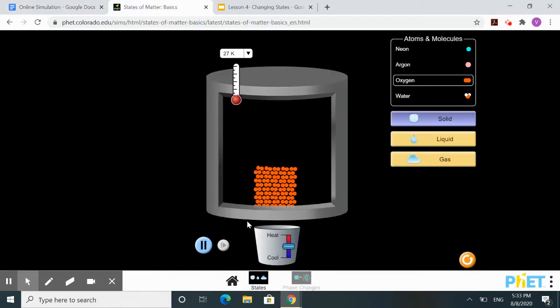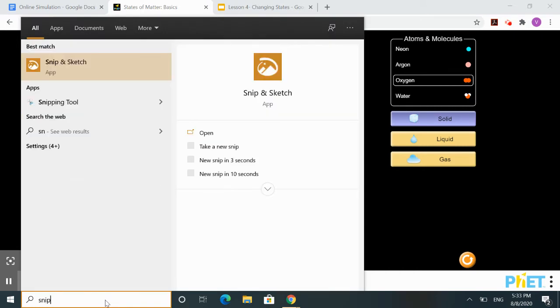So all you have to do is go to the image that you want to snip or screenshot. You're going to go to your search bar in your computer and search for snip, okay? You might get Snip and Sketch or Snipping Tool. It should come with your computer, either of those two, or maybe you might have something similar that allows you to screenshot or snip pieces of your computer.